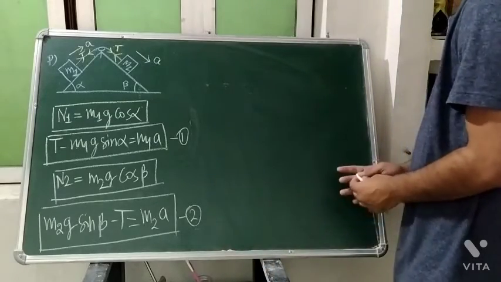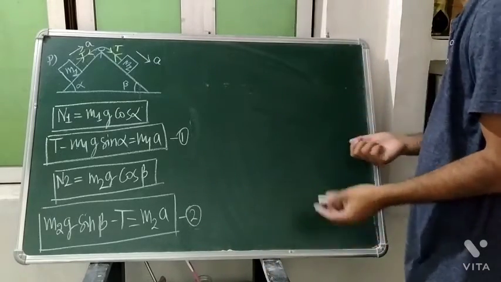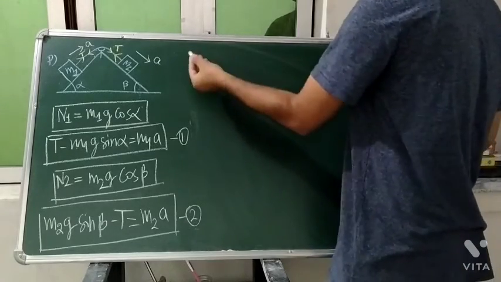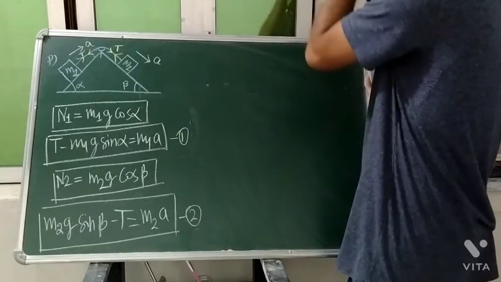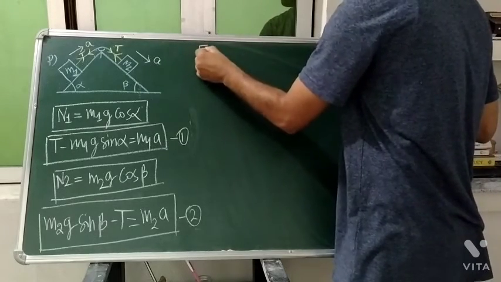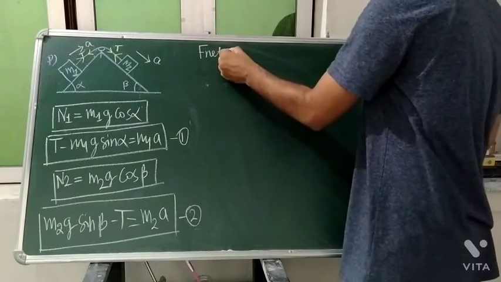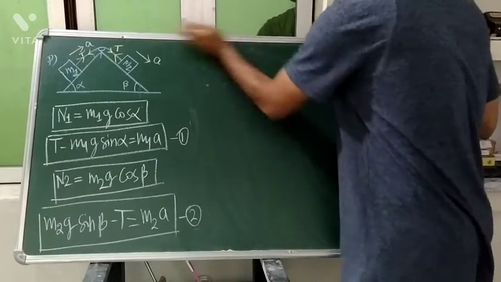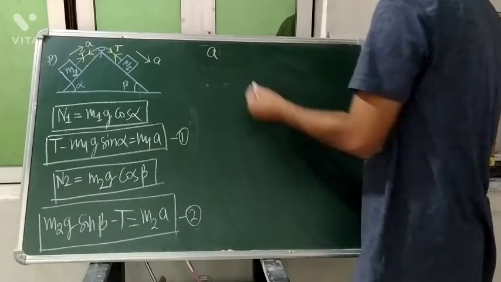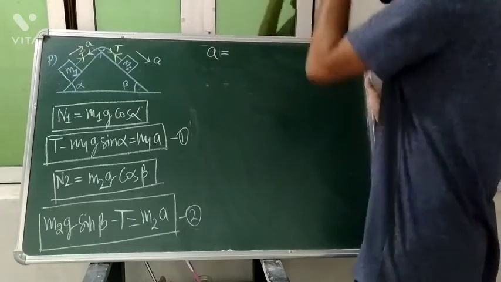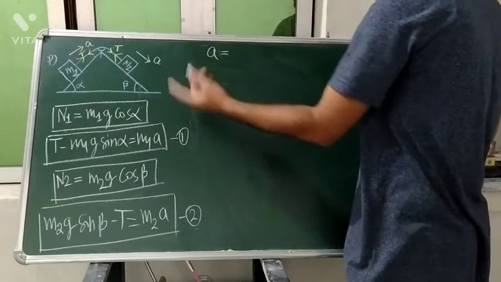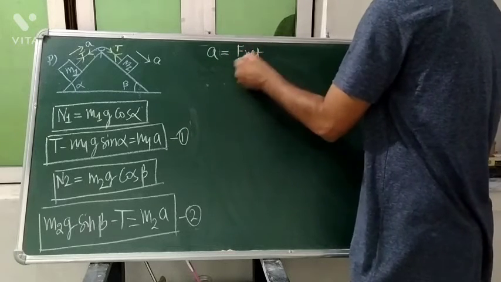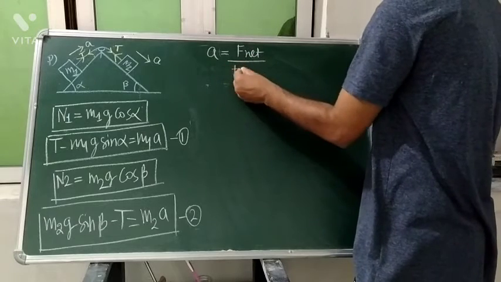It's the first time, so if you are not understanding it, when you move on, you will understand. Net force equals mass times A, so the acceleration I am writing for this situation should be F net divided by total mass.